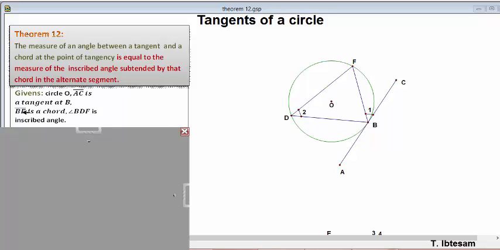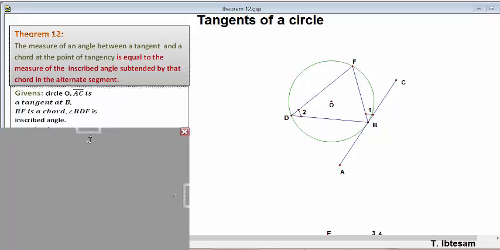And we have BF as a chord. BDF is what? It is an inscribed angle. This is what we need: tangent, chord, inscribed angle. These are the givens.